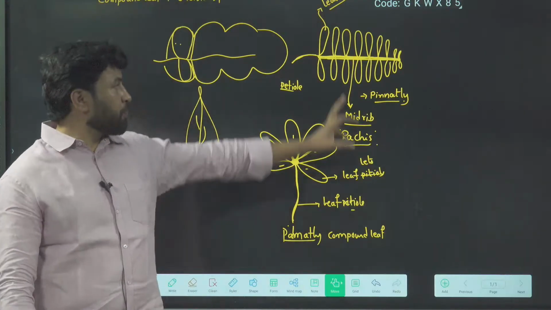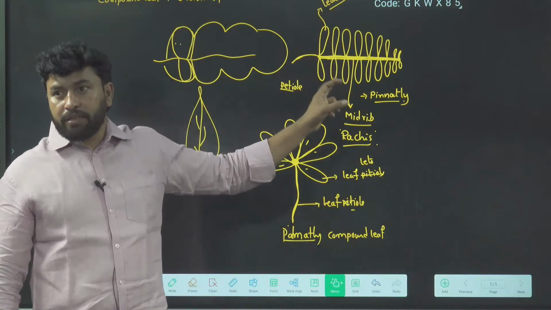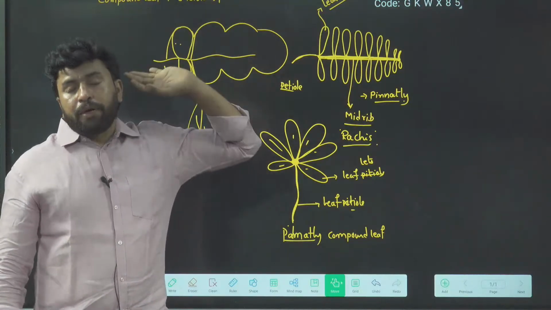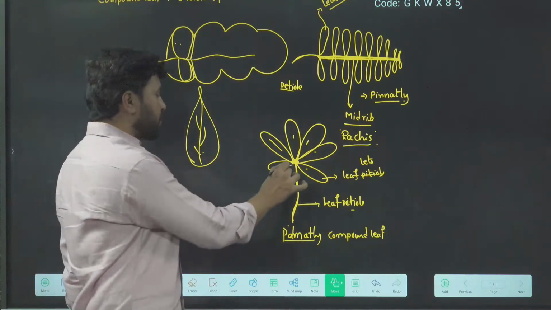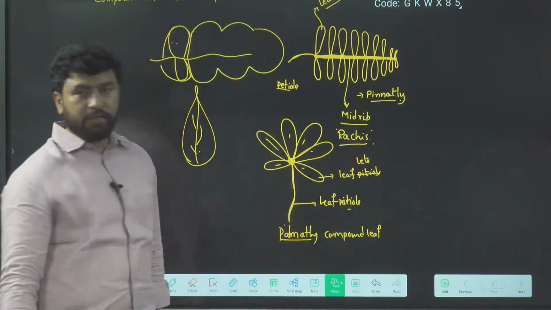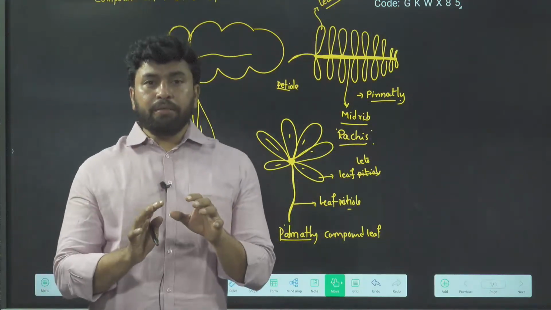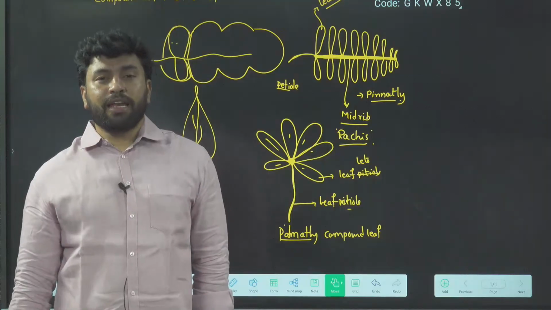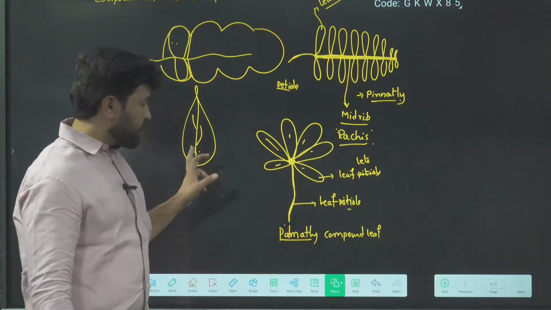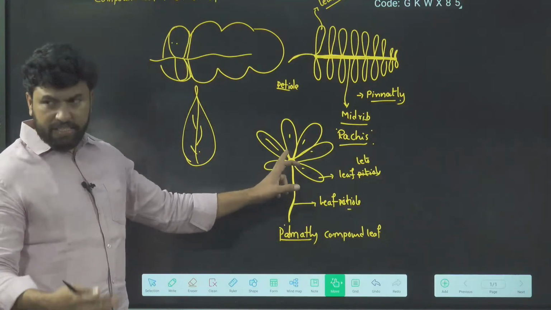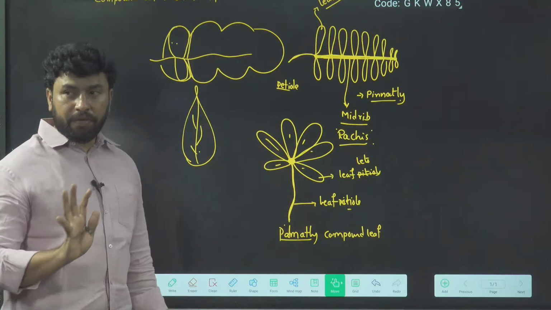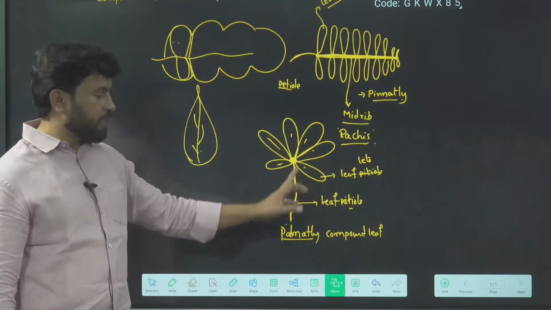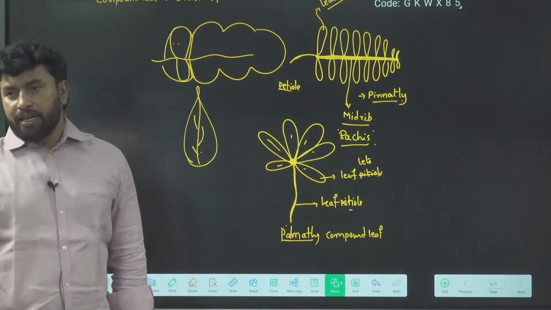Such an elongated midrib is absent over here. That is why the midrib is never a rachis in a simple leaf, or in a palmately compound leaf. If it is there, it is not to be called a rachis.